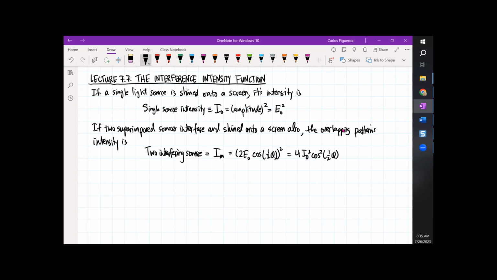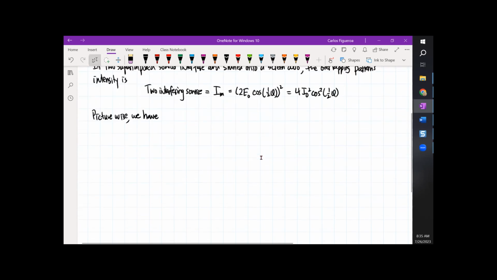So let's look at this thing picture-wise. The first thing I want to do here is draw this, and I need to make sure I get my heights right. So here's our line.